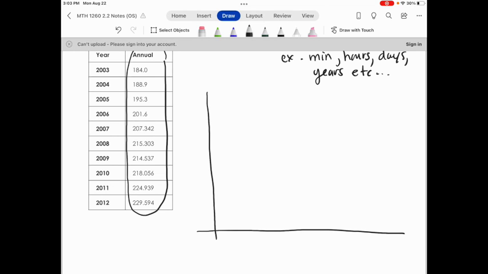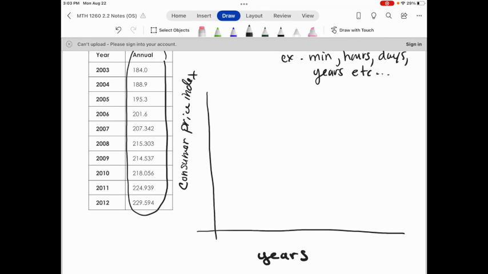So we're going to label this, since this is in years, this is going to be years here. And then we're graphing the consumer price index. That's what's going to go on the y-axis.